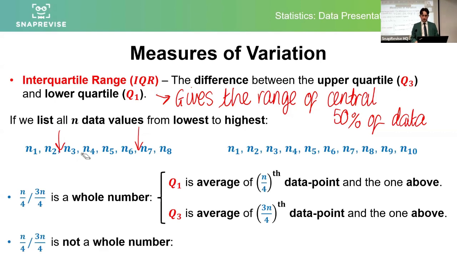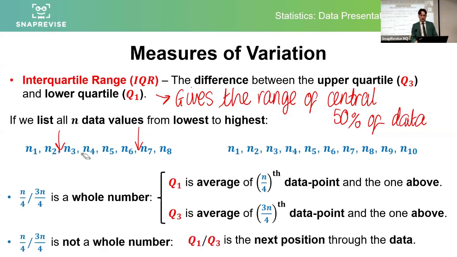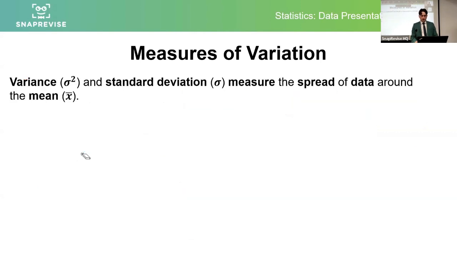Now, the other measure of variation, which for a lot of people is new at A level, is variance and standard deviation. These also measure spread in the data. There is a formula for them, but you're also able to do this on your calculator. So sigma squared is the variance and sigma is the standard deviation.